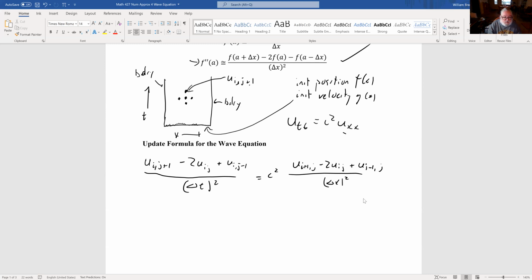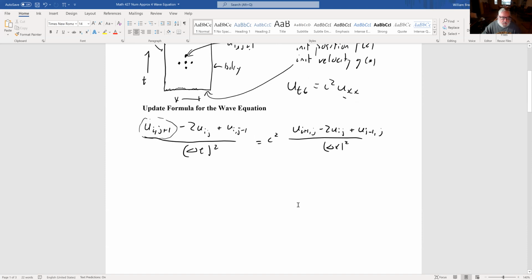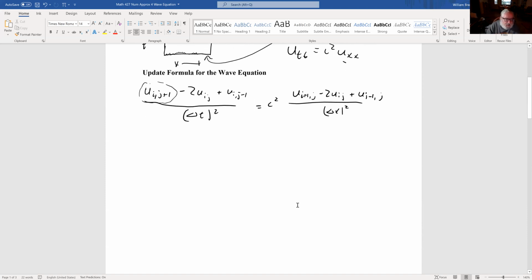And we want to know what's the position at that point, which means we want to solve this equation for that thing there. So that's actually not hard to do because we just move everything around.